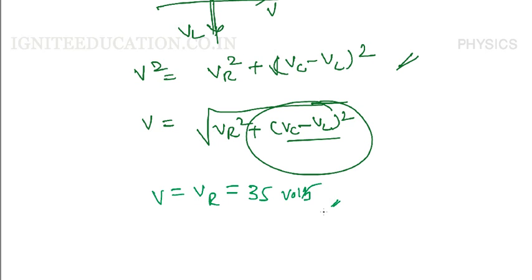Whenever the potential at the capacitor and the potential at the inductor are equal, that means the circuit is at resonance. At that moment the resistance offered by the circuit is itself the main resistance in the circuit, and the potential of the total circuit is the potential drop at the resistor.